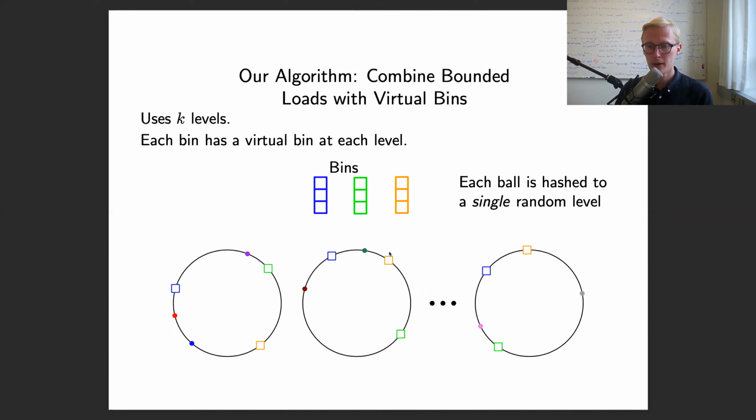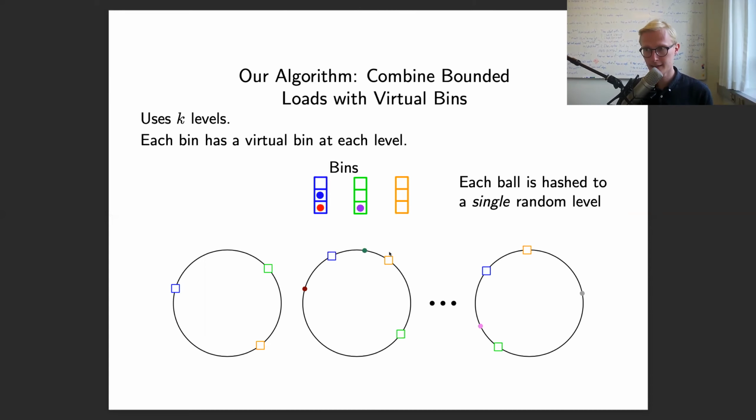And now to describe how the balls are actually placed in the bins, we start from the leftmost level, and there we just place the balls using normal consistent hashing with bounded loads. So the red ball gets forwarded to the blue virtual bin and gets placed in the blue bin. And the blue ball does the same, and the purple one gets into the green virtual bin and gets placed in the green bin.